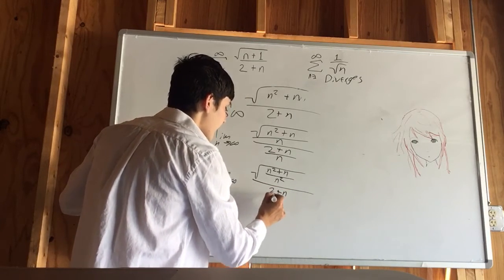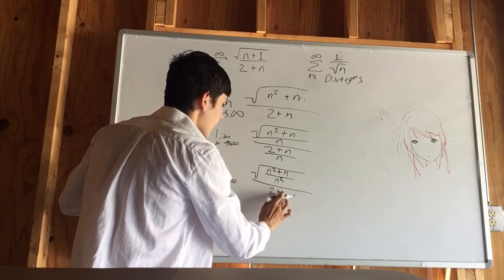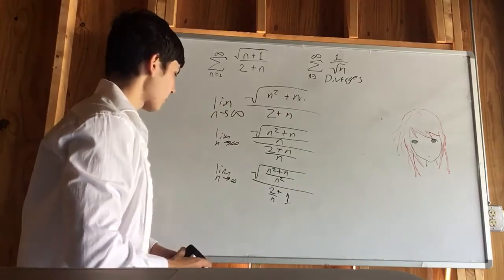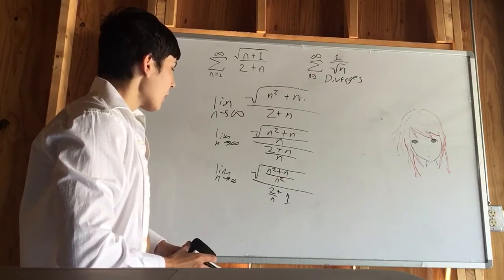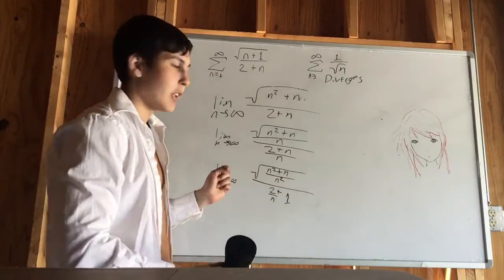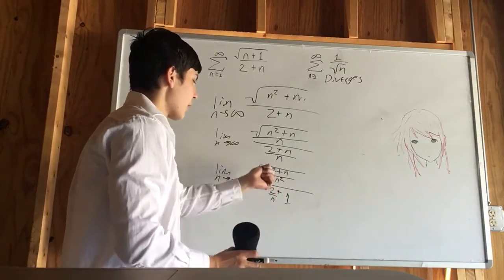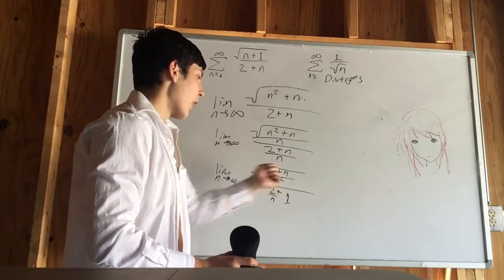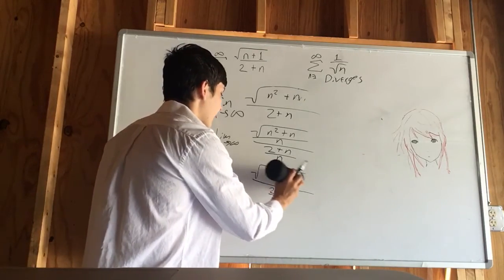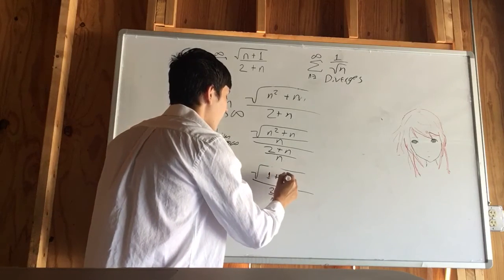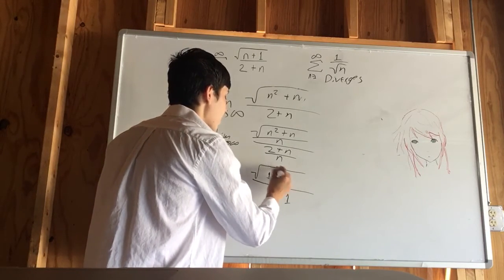Well, we could divide it to each one. So this would give 2 over n plus 1. Now for this one, since we're doing addition in the numerator, we can just divide by n squared each term. On this side you would get 1. On this side you would get 1 over n. 1 plus 1 over n.